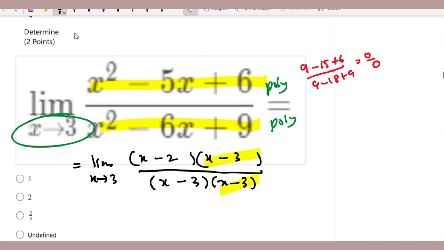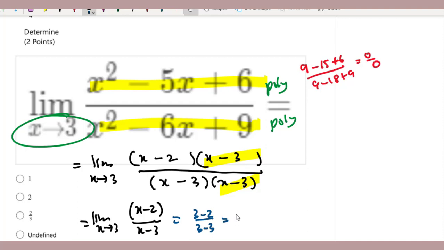Write the limit of x minus 2 over x minus 3 as x approaches 3. Then substitute 3: 3 minus 2 over 3 minus 3, then 1 over 0. This is infinity.